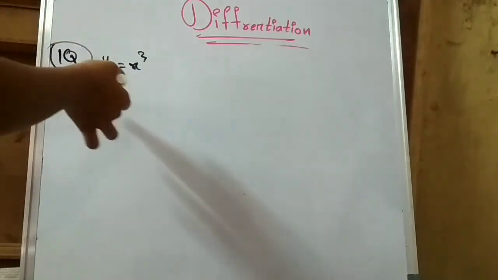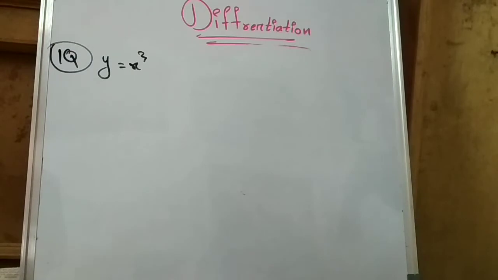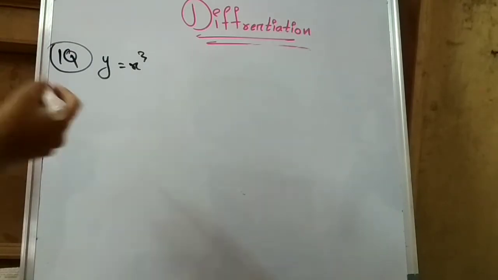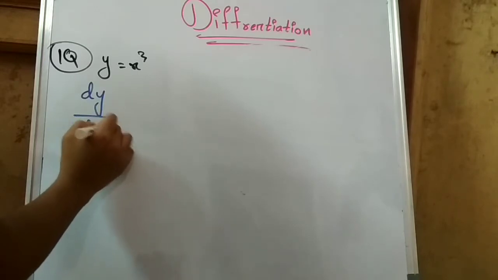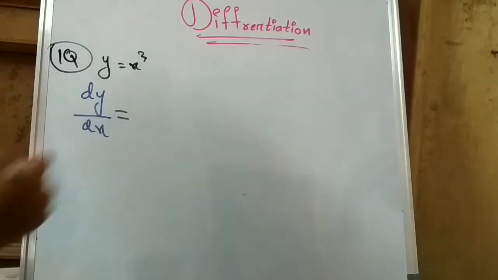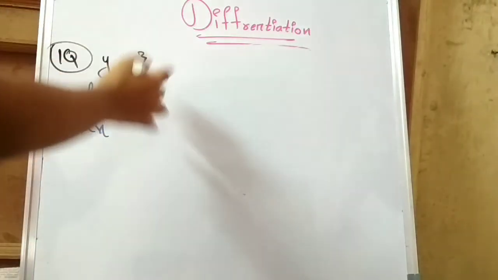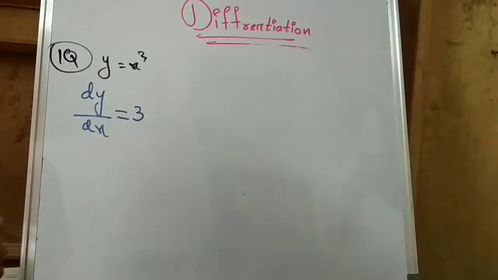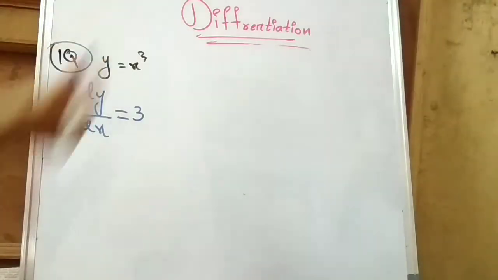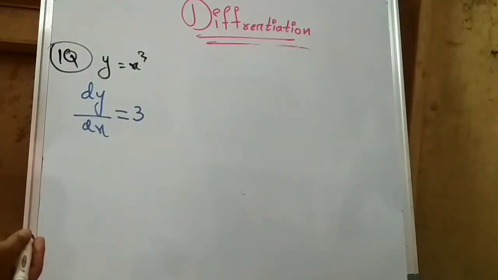Now if they give you a question like y equals x cubed, how will you solve it? dy by dx will be equal to, what's the power? It's 3. Now in differentiation, in integration we used to add 1 to the power, but here we will subtract.